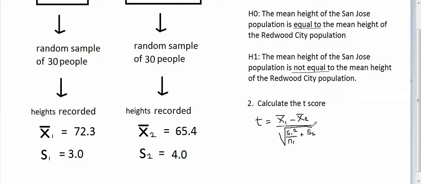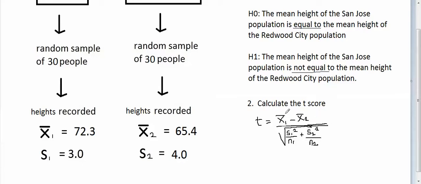That actually also is squared. And N2 is the size of sample 2, or the number of people in sample 2.